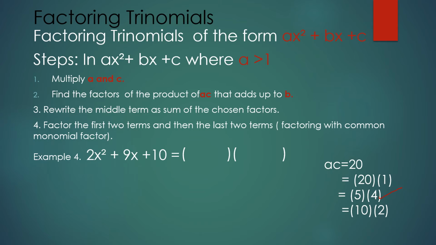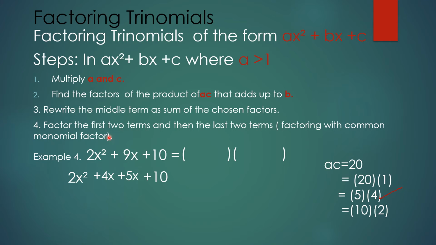Next, rewrite the middle term as a sum of the chosen factors. Instead of writing 9x, we can write that as 5x plus 4x or 4x plus 5x. But before that, we need to copy first 2x squared, and then the middle term plus 4x plus 5x, and copy also the last term plus 10.